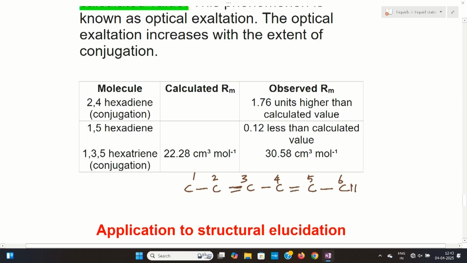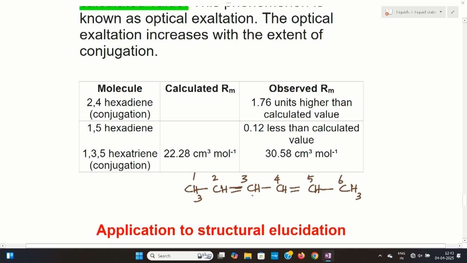Here it is CH3, here we have one hydrogen, one hydrogen, one hydrogen, one hydrogen, and here 3 hydrogens. This is 2,4-hexadiene. The carbon valencies are correct.